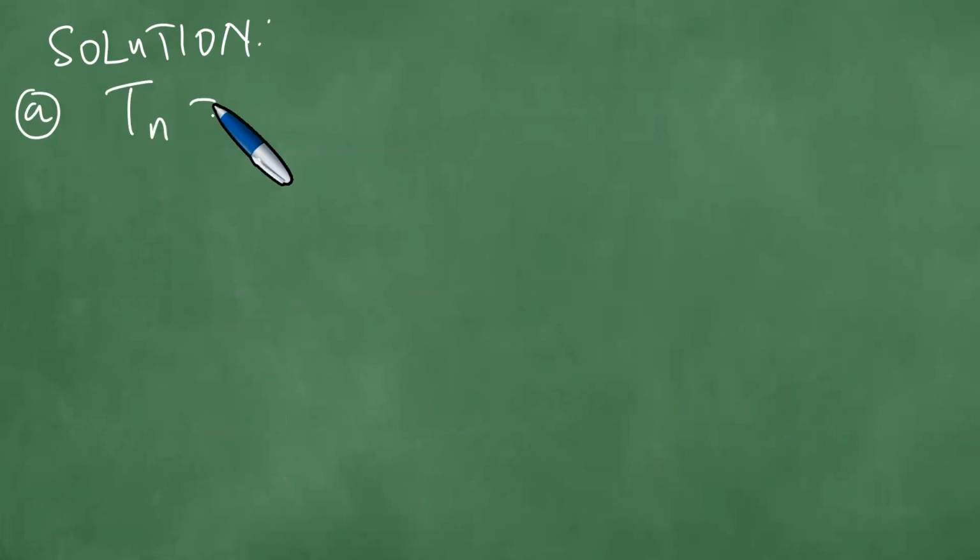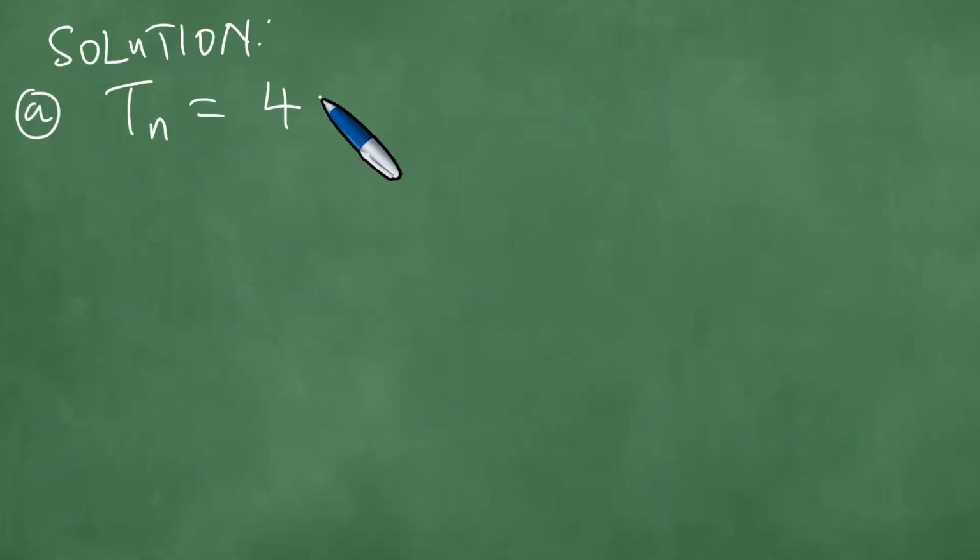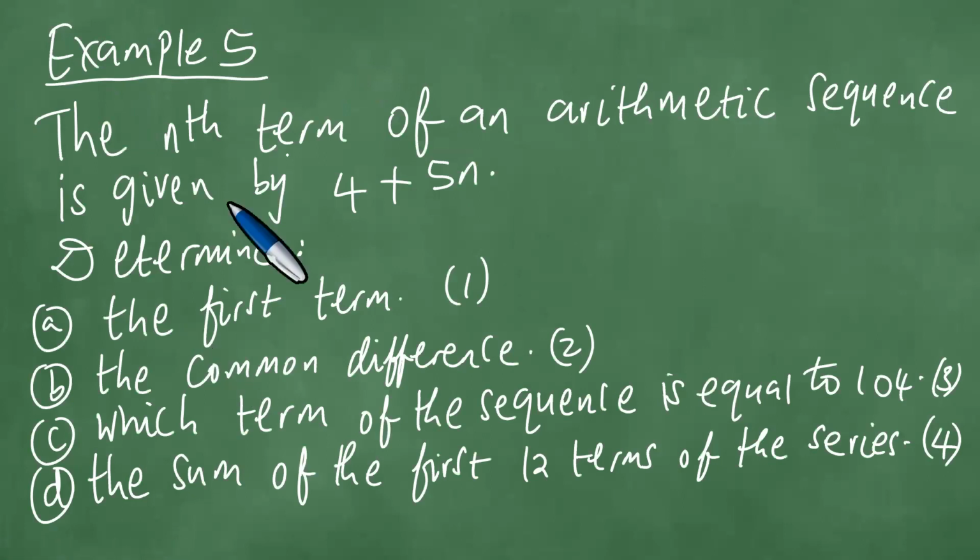It means Tn is equal to 4 plus 5n. That is what they are saying, because they are saying the nth term is this. Nth term means T sub n.